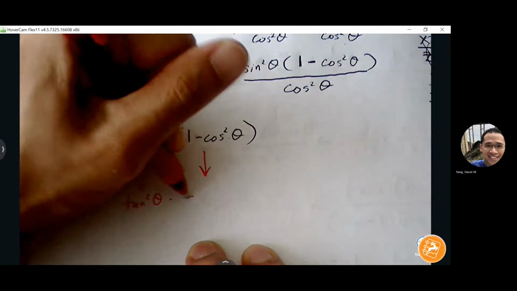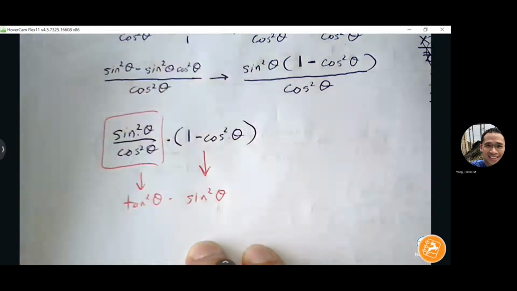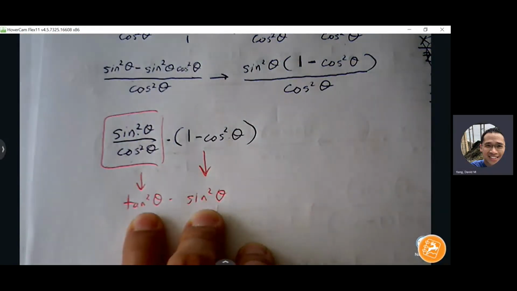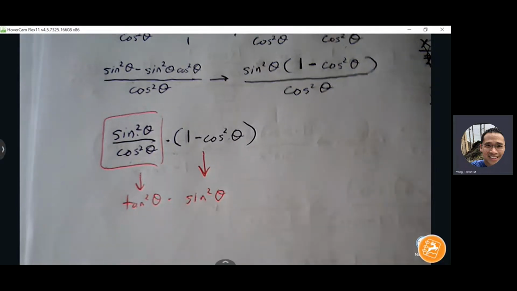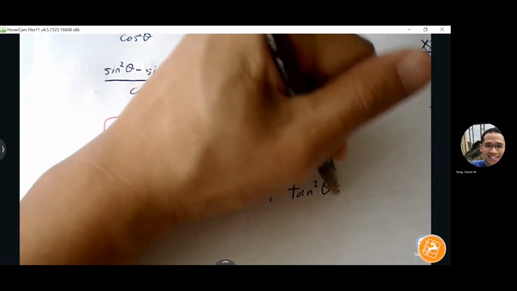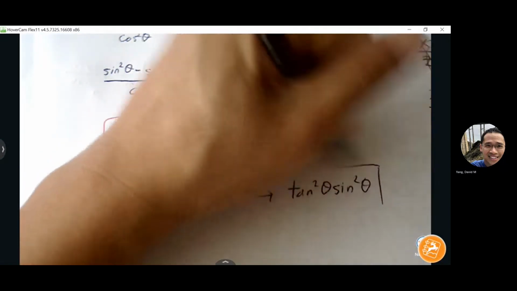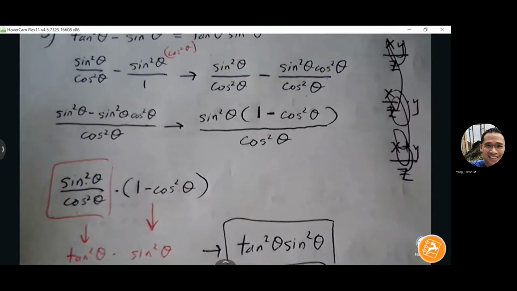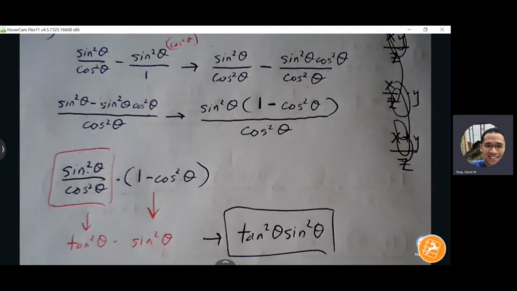This is sine squared. And then we've reached our end, right? Tangent squared times sine squared, that's what we want. We're just using different methods to try and get the left side to eventually turn into the right side.